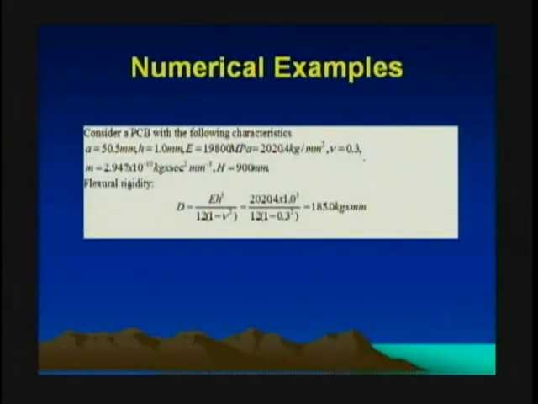So we considered a printed circuit board with the following characteristics. That's half of the length of the board, thickness, Young's modulus of the material, Poisson's ratio, distributed mass, drop height. The highest drop height was 900 millimeters. Why do people use 900 millimeters? Because it's approximately the height of the human chest.